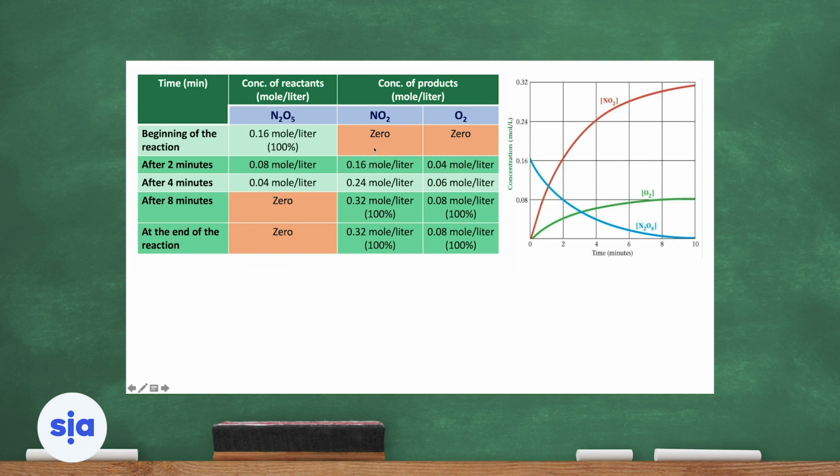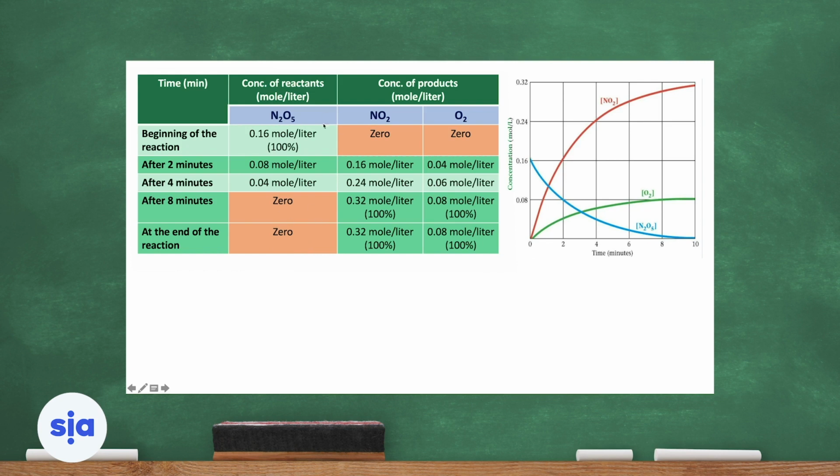After 2 minutes, the concentration of the nitrogen pentoxide will decrease and the concentration of the products will increase. After 4 minutes, the same. The concentration of the reactants will decrease again and the concentration of the products will increase until the end of the reaction, where there is no more reactant.